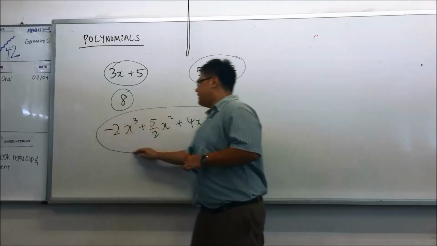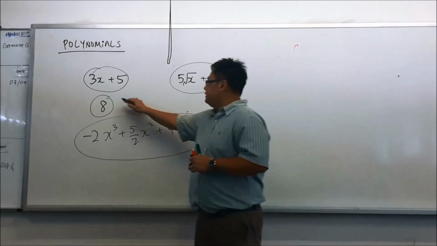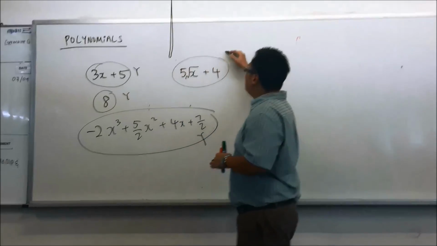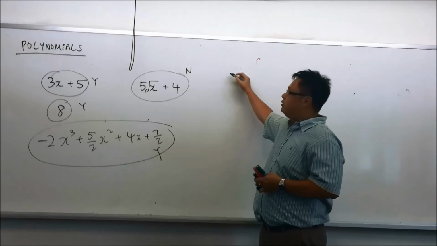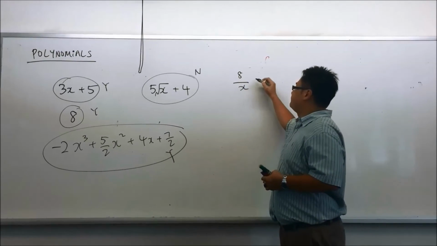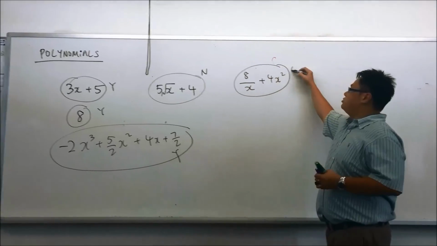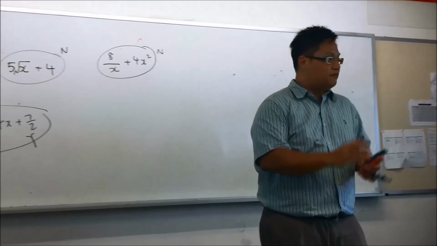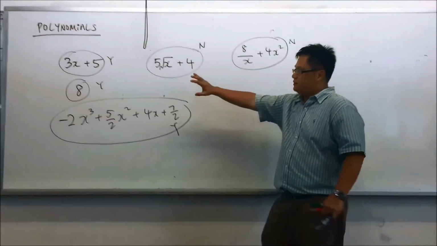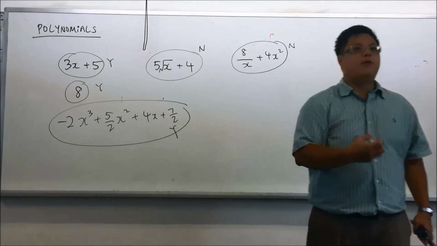This, make a guess. Is this a polynomial? Yes or no? Yes, this is a polynomial. This is a polynomial. This is a polynomial. This is not a polynomial. Okay? Another example that is not a polynomial. This is also not a polynomial. Okay, based on the variety of examples that I give you, are you able to tell me now roughly what you think is a polynomial?